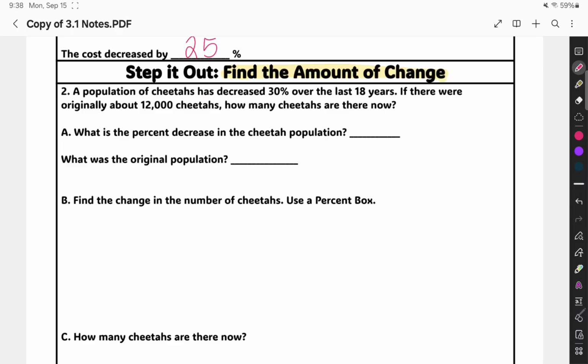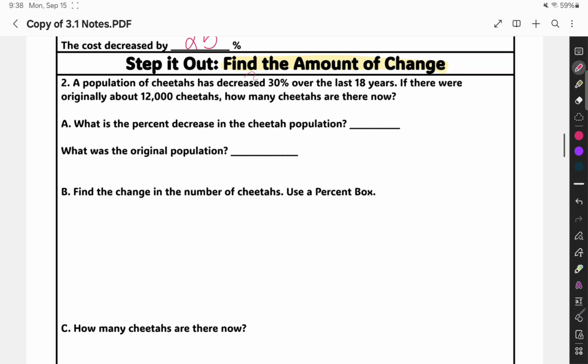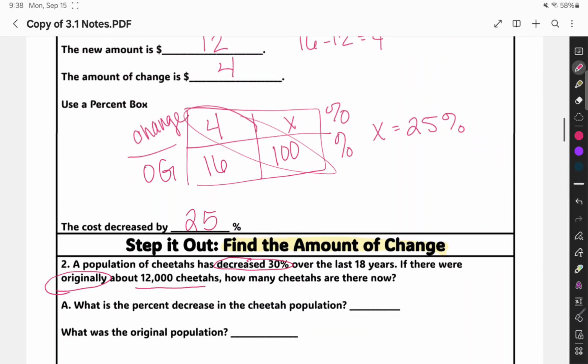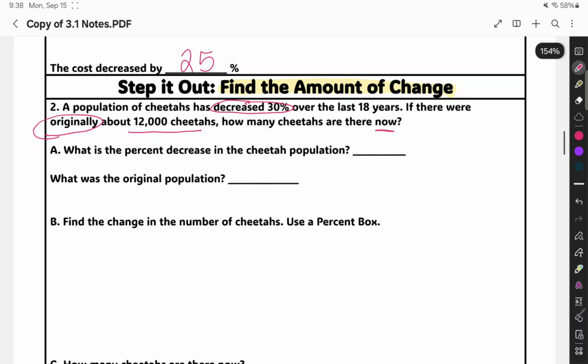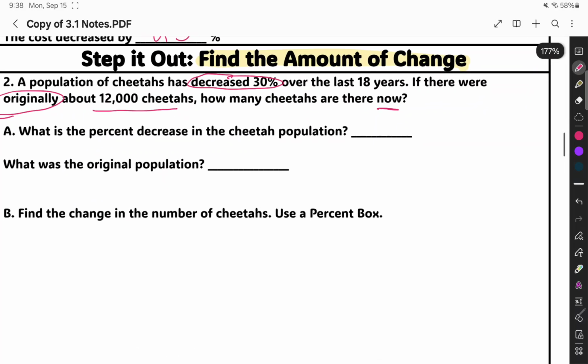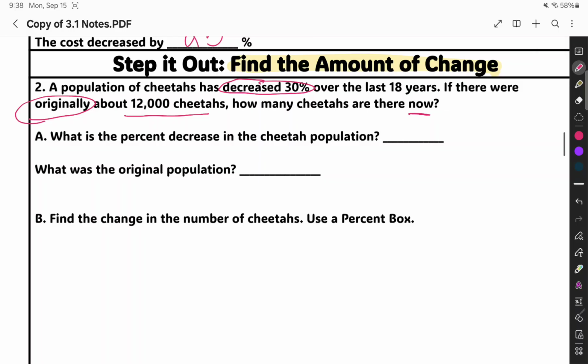Okay, it says the population of cheetahs decreased. That's important to know. Decrease means go down. 30% over the last 18 years. If there was originally, that's important for us to know, 12,000 cheetahs, how many cheetahs are there now? Okay, so here we've got a few different things going on.